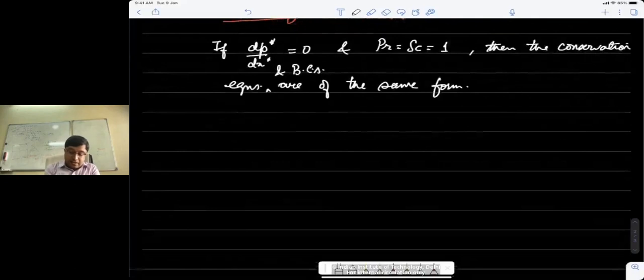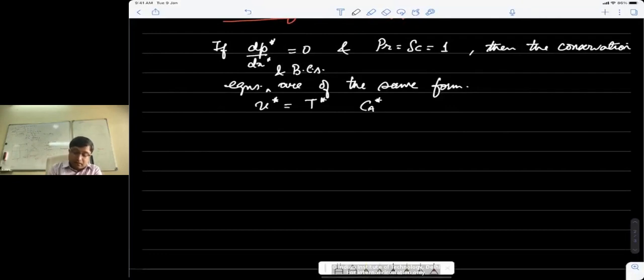What it means is that the solutions for the non-dimensional velocity profile u star, and T star and C star, must be equivalent because they have the same exact terms in all three equations, which means f1 should be the same as f3, which should be the same as f6.